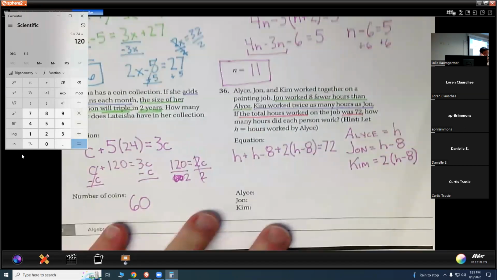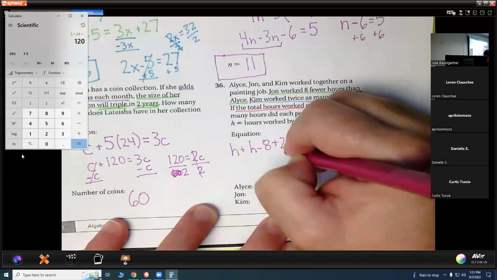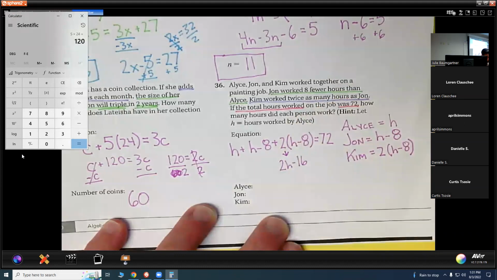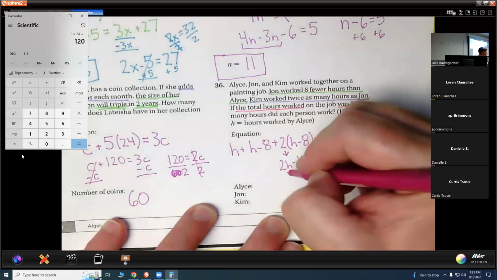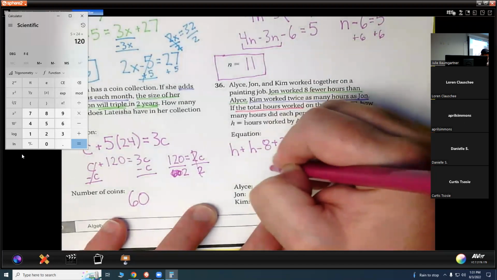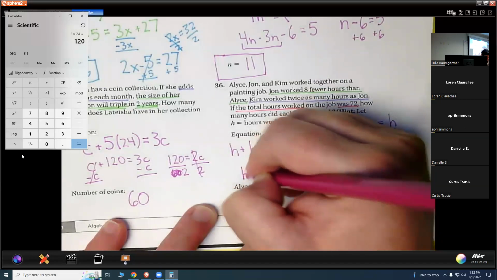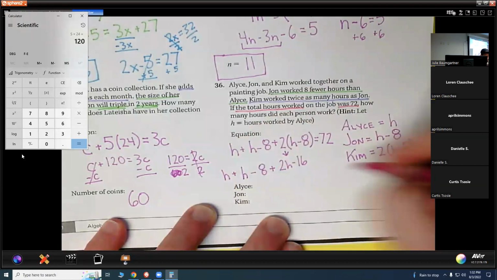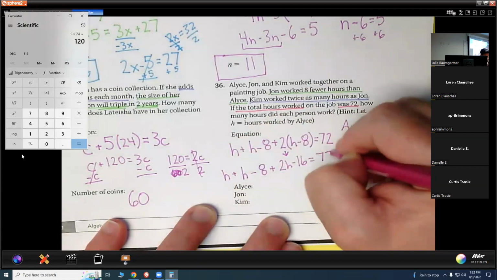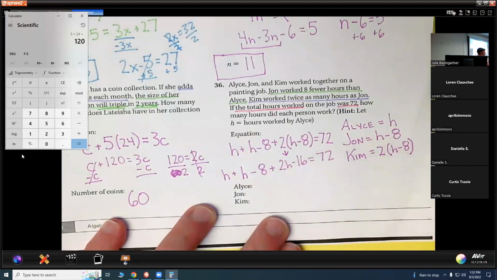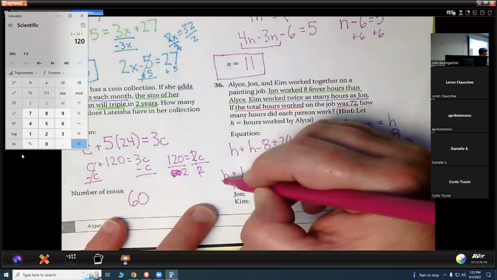Distribute the 2, good. So this is going to become 2H minus 16. And then I put everything else down. Okay, now I have 1H, 2H, 2H, so that's 4H, right?